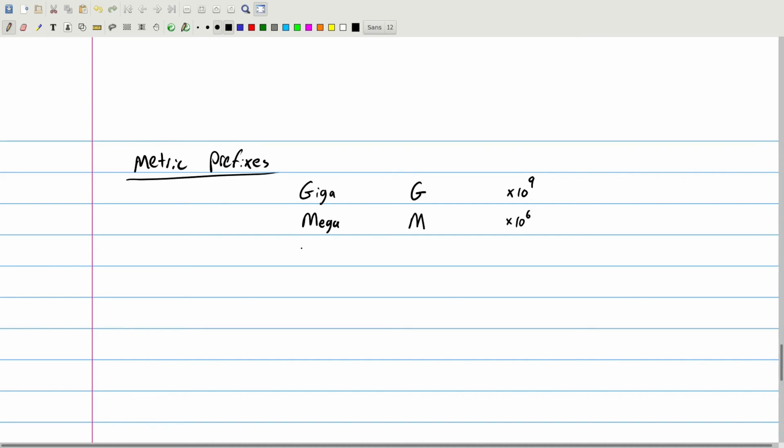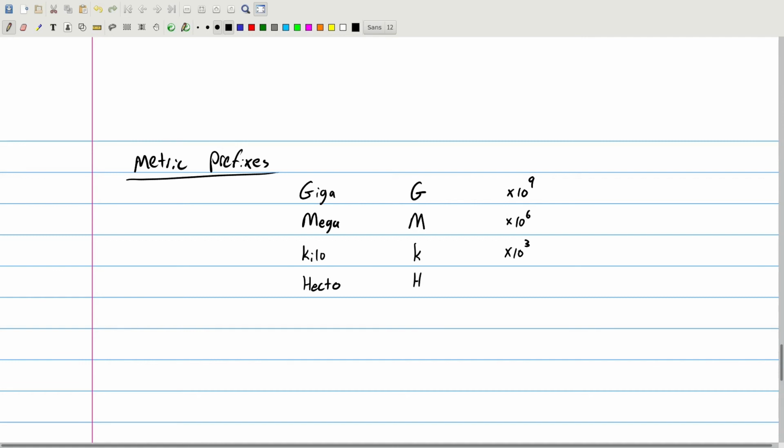You're going to need to know kilo. Kilo is represented by a lowercase k. That means times 10 to the 3rd. Now, for some reason, nobody hardly ever uses the next few, but we always teach them anyway. You're going to need to know hecto.